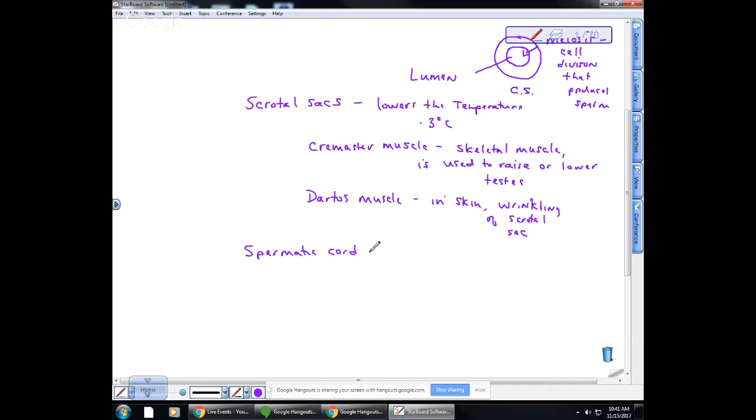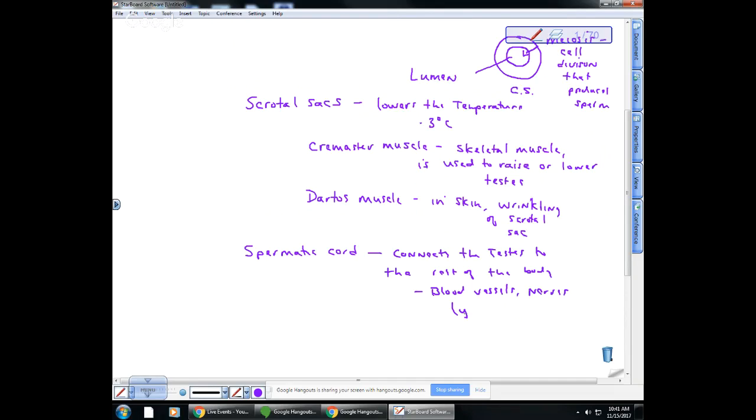And so this essentially connects the testes to the rest of the body. Okay, so we have blood vessels, we have nerves, and we have lymphatics.